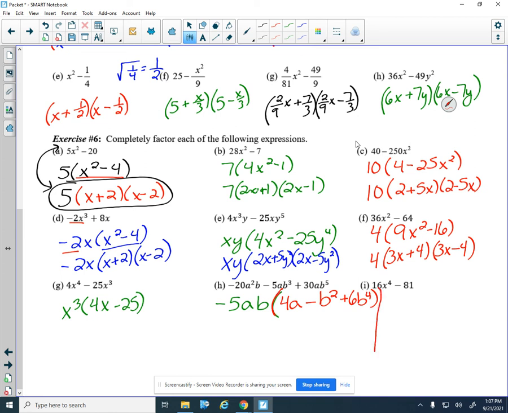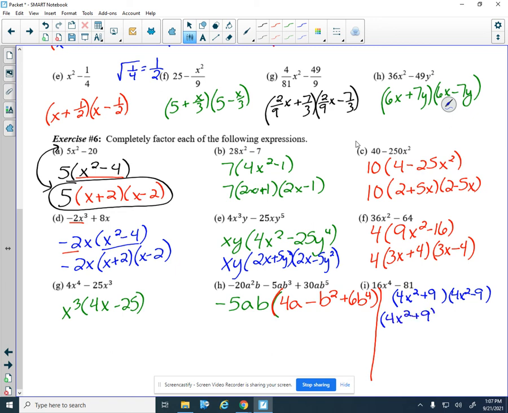This one, I'm going to section off. No GCFs. I'm going to go right to difference of perfect squares. So I have a 4x squared plus 9 and a 4x squared minus 9. And I really like this problem because it lets me really think about that difference of perfect squares. So this first binomial is done.